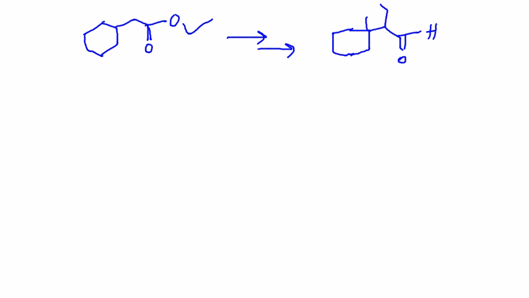Okay, let's finish this with one or two prepare questions. I have an ester. I'm supposed to convert it into an aldehyde, and there's some increased substitution. As you can see, there's an ethyl group, there's a methyl group. So how would you go about it? Realize that this part right now, which is where I need my substitution, is pretty greasy. It's pretty alkane-like.